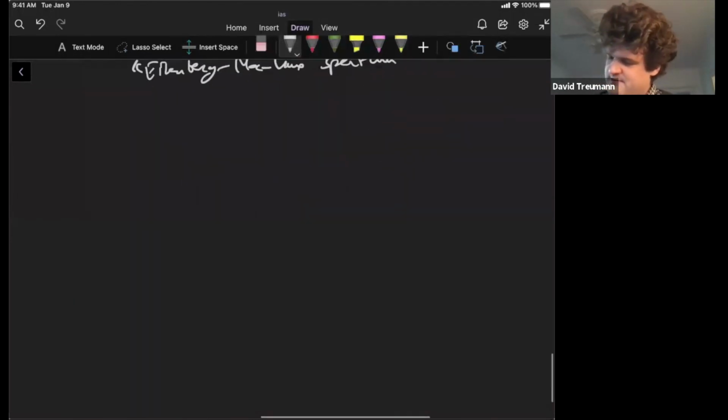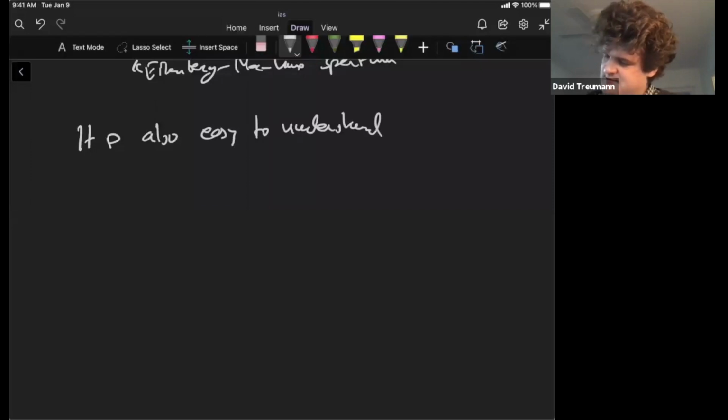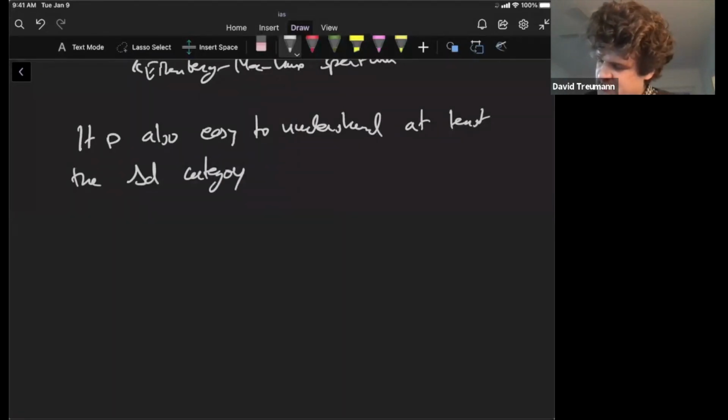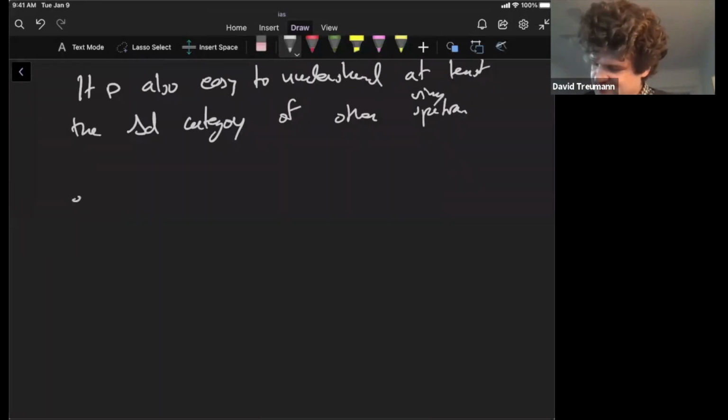So it is also easy to understand, at least, the triangulated category of modules over some other ring spectra. For instance, the ring spectrum called KU.